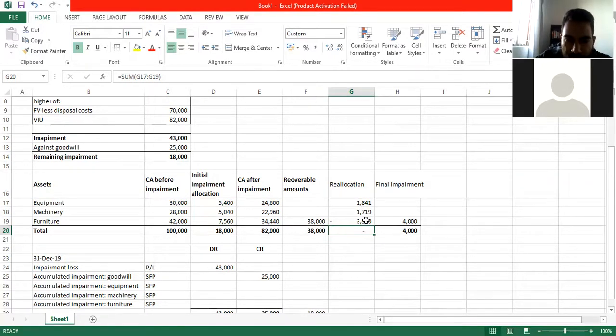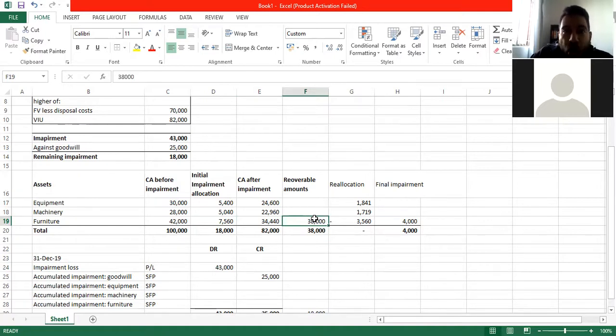What did we do? We initially had an impairment of 7.5. Once we did that impairment and looked at the carrying amount after the impairment, it came to 34. But what did we know? That there's a recoverable amount for this asset, which is 38.